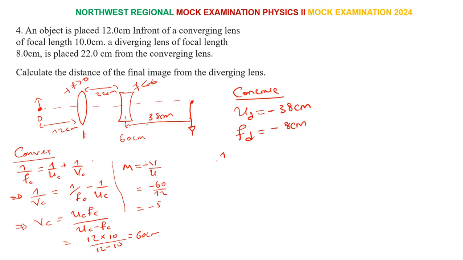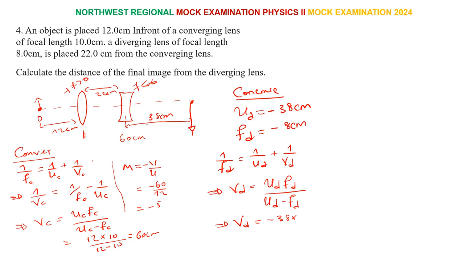From there we can now use the lens formula. We have 1 on f equal to 1 on Ud plus 1 on Vd. Similarly, Vd will be equal to Ud Fd divided by Ud minus Fd. So my Vd will be equal to my Ud, -38, times -8, divided by -38 minus -8.